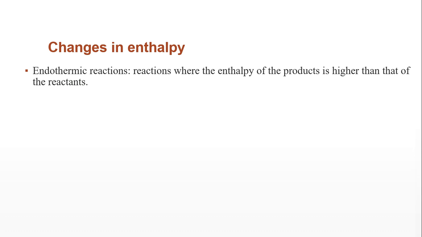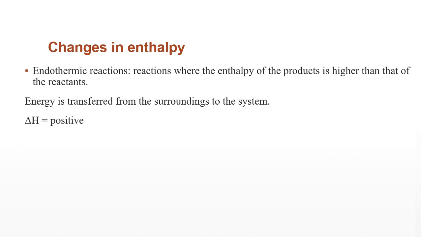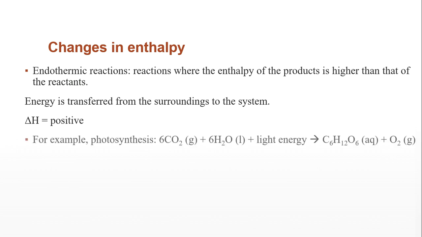Endothermic reactions are the reactions where the enthalpy of products is higher than that of the reactants. That means that energy has to be transferred from the surroundings to the system. And delta H will then have to be positive, because if the system acquires more energy, that will have to be a positive value if we follow the convention that we use.